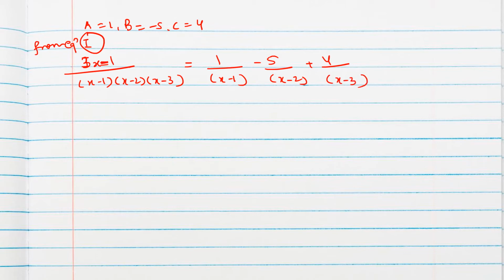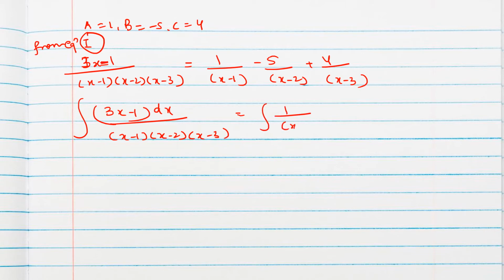Then take the integral on both sides. So here we can separate the integral. Minus 5 coefficient, take outside. Okay, this is our I.